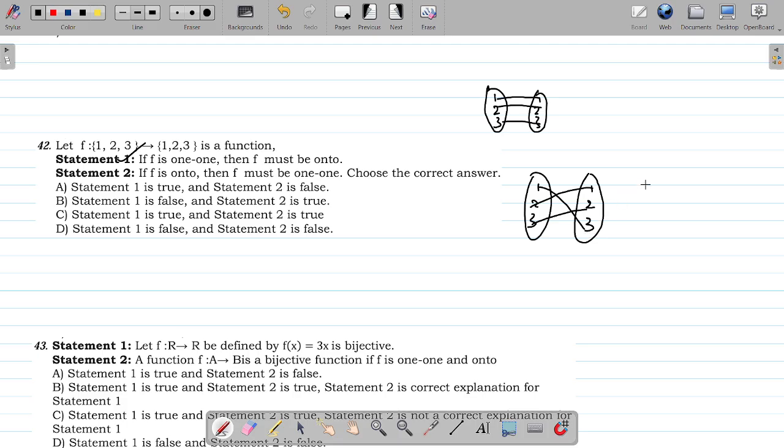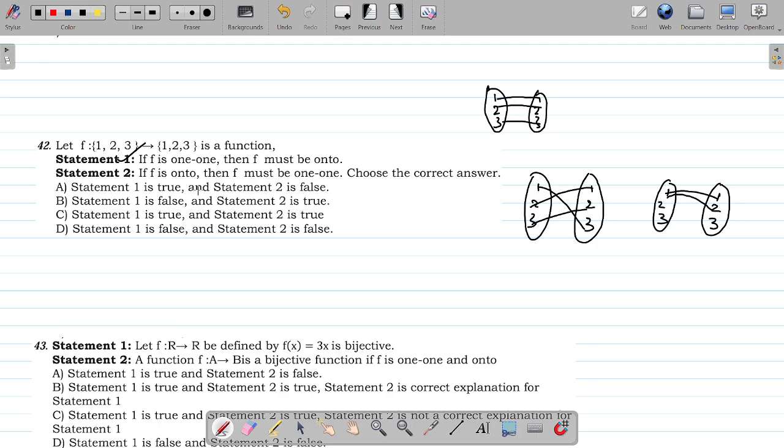You can have a doubt: why can't we take 1 related to 1 and 2 also related to 1?